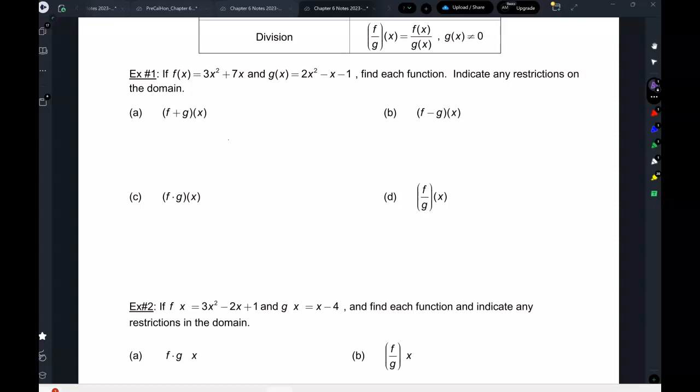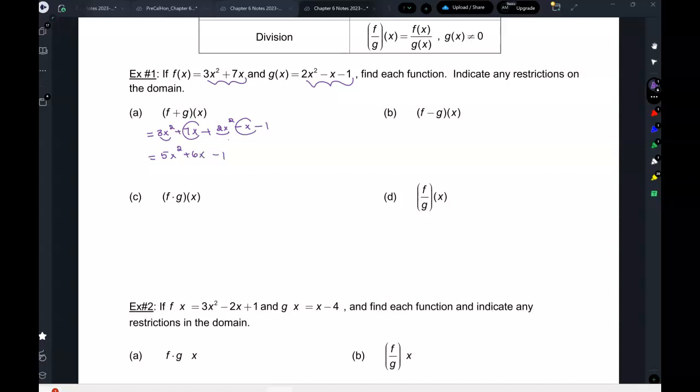So first, f of x, it's this one, 3x squared plus 7x, plus g of x is this one. And then I just combine like terms here. So 3x squared plus 2x squared is 5x squared. 7x minus x is 6x minus 1.